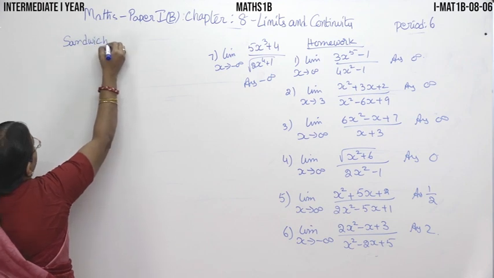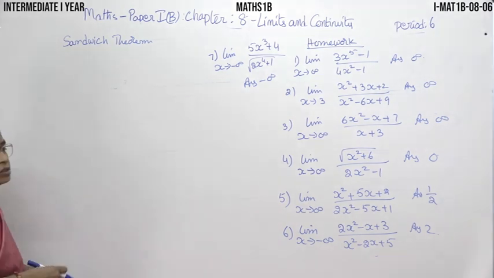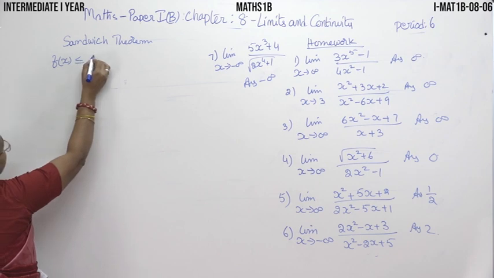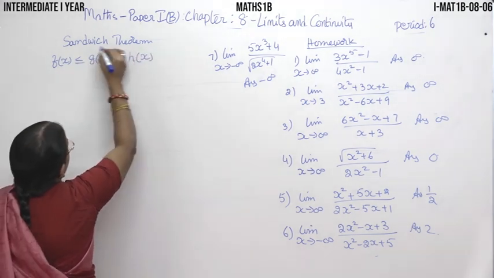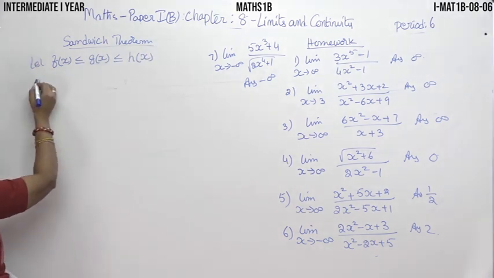What is this sandwich theorem? If f, g, h are three functions, suppose that f of x is less than or equal to g of x is less than or equal to h of x. These are the functions, they have domain and all.